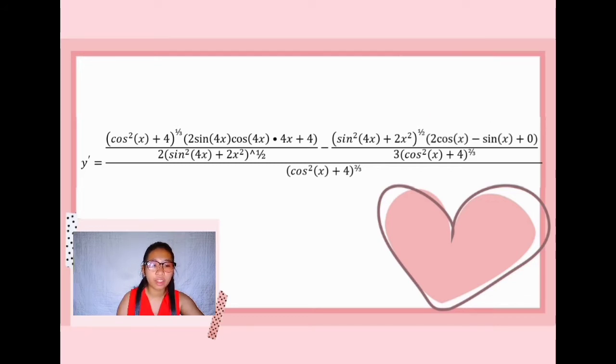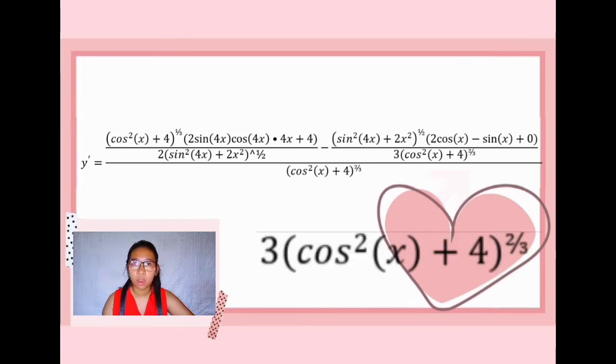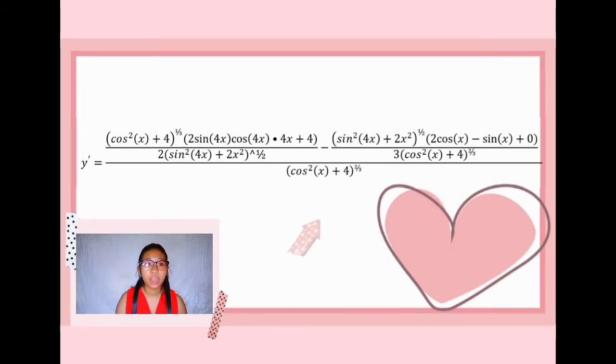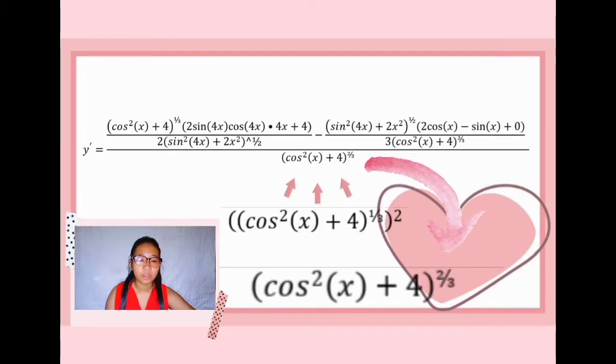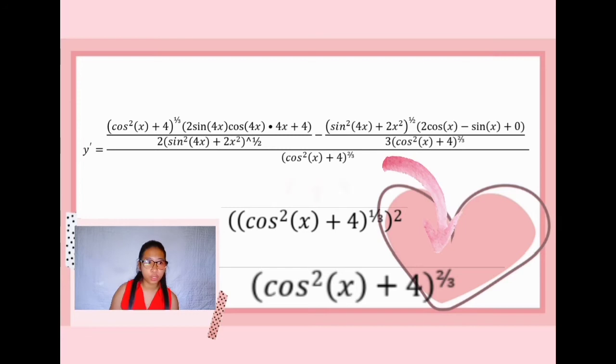Note, any derivative of a constant is 0. All over 3 of cosine squared x plus 4 raised to the power of 2/3. Remember that we put this in the denominator to make its power positive. And do not forget to put it over your g squared. In simplifying the power of a power, just multiply them. So the power of 1/3 times 2 is 2 over 3.